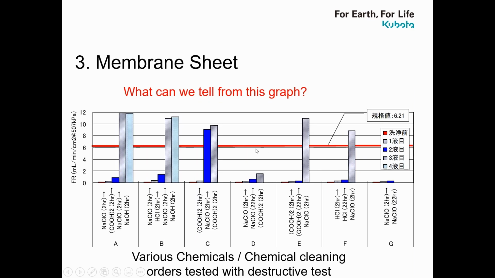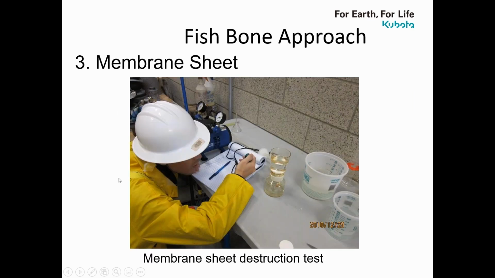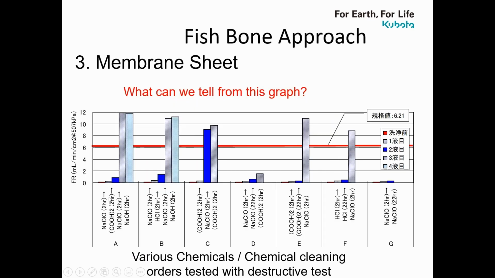This is a plant in New Mexico where we did multiple chemical cleans. The original membrane is red, and it showed almost no filterability flow rate in this testing. When we did oxalic acid, the COOH2 is oxalic acid, it recovered almost nothing.